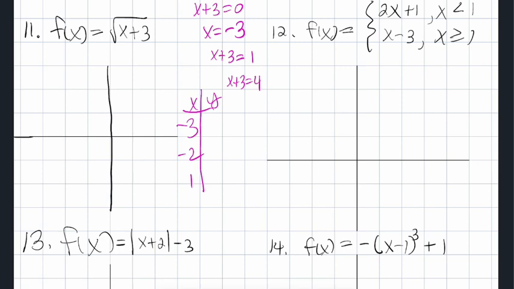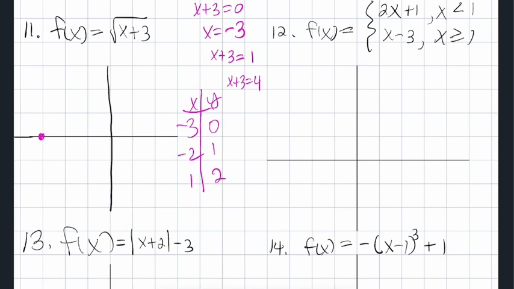Those are nice points because they will shift all the x's to the left 3. Now the y's won't change. They'll still be the square root of 0, the square root of 1, and the square root of 4. You can verify that if you plug those in. But all of our square root function is going to be shifted to the left.